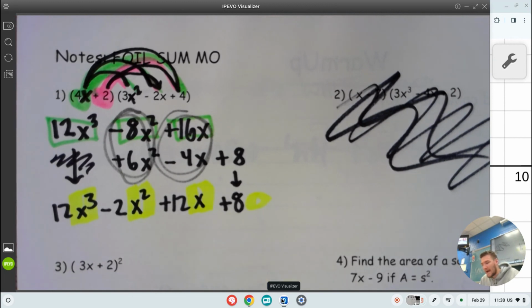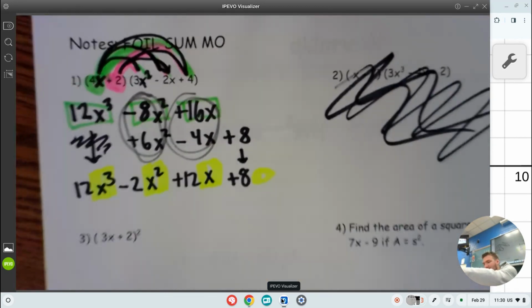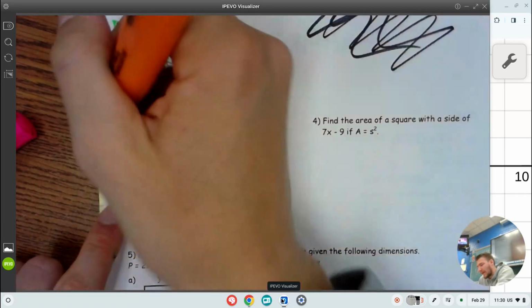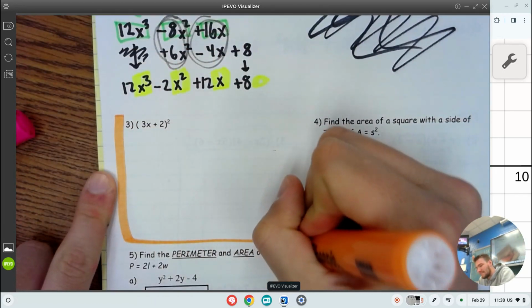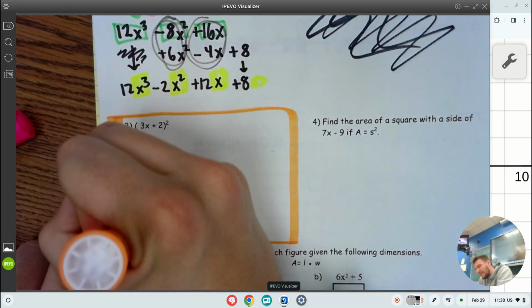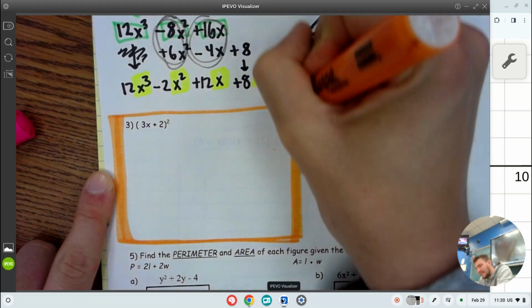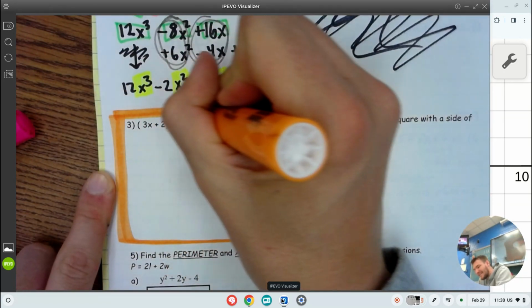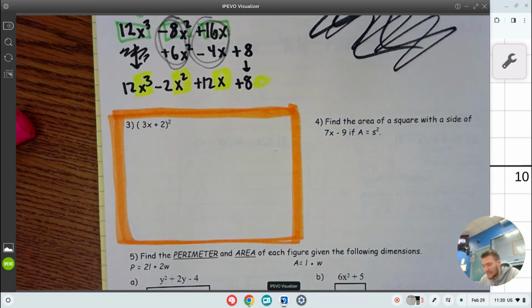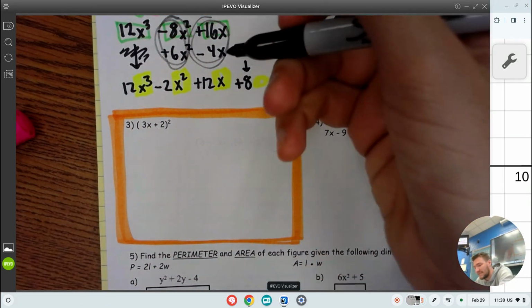Okay. Now, I'm going to put a big highlighter on the next question. We're going to do one at the bottom. That's like an area perimeter. And you know, area perimeter is nice. But this question is guaranteed on your test, guaranteed on the SOL test.